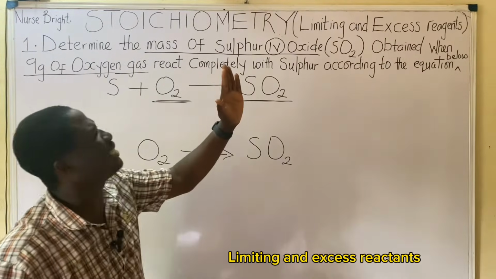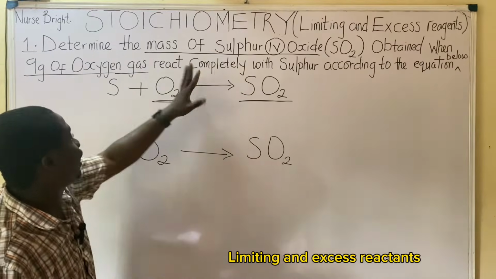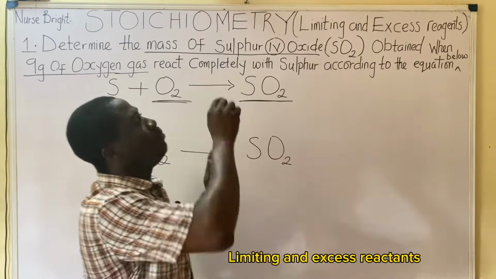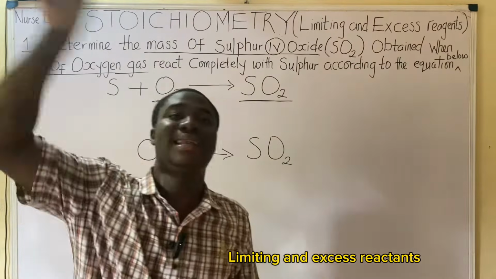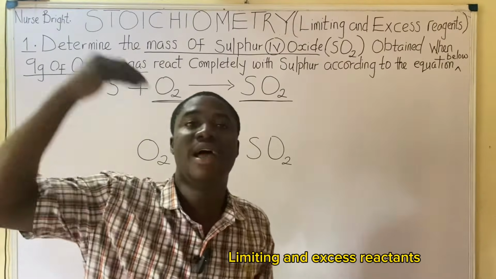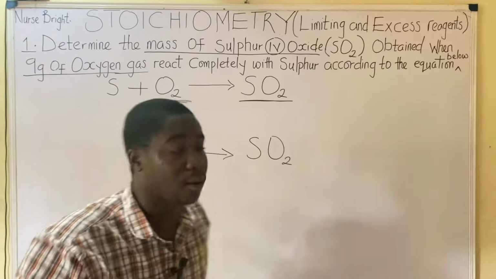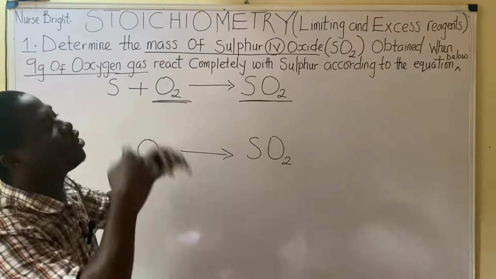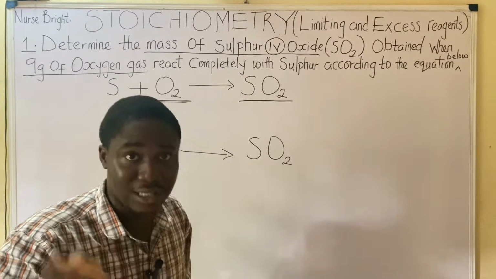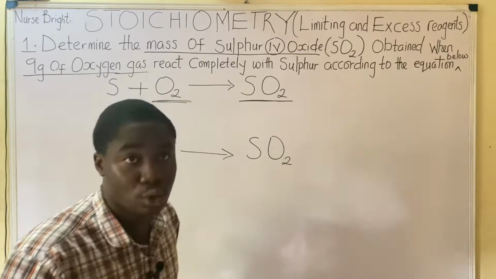Remember, your reactant is on the left. These two guys are my reactants. Are you following me now? So limiting reagent is also called limiting reactant. Excess reagent is also called excess reactant. So how do you know that a question is on limiting and excess reagent or limiting and excess reactant? You can use them interchangeably. How do you know?